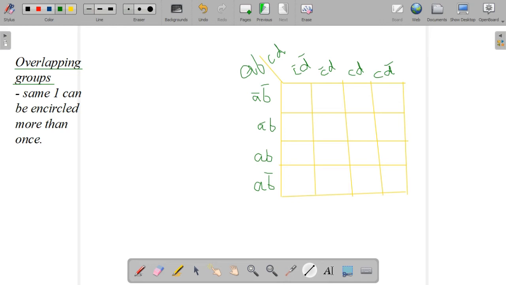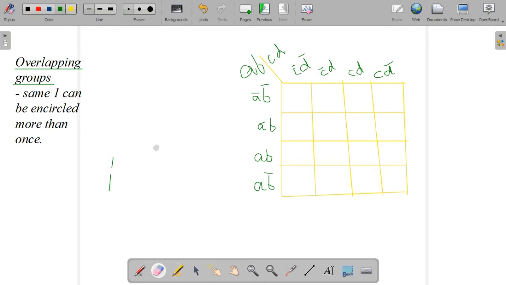That means the same one can be encircled more than once. That means in a pair, 2 values are there. Consider these 2 values are there in a pair. Together, adjacent ones, we will make it as a pair, is it? We can make it as a pair. And another one is here. So can we make these 2 as a pair?